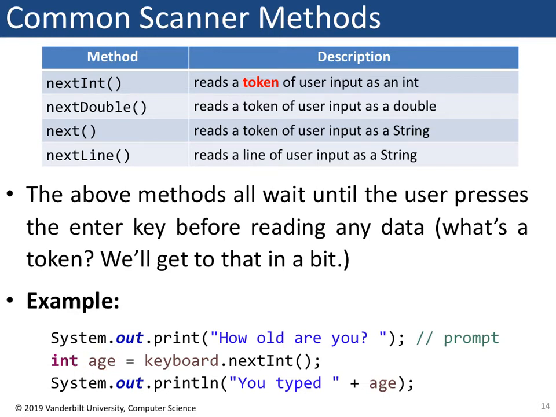It's an integer type, and it invokes the method keyboard.nextInt. So this method is already invoked, and it's waiting for the user to type something and press enter. When the user presses enter, this method returns the value that the user typed as an integer, and Java assigns that value to the variable age, and then the program will print out "you typed" and then whatever they typed along with a carriage return.